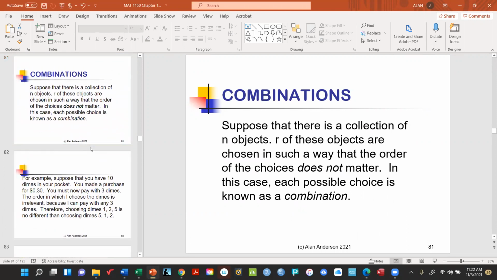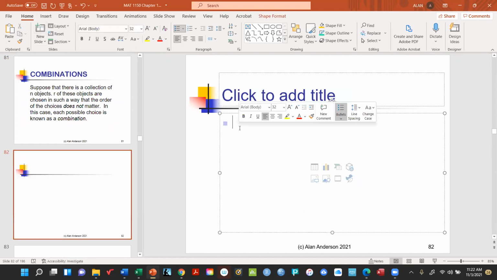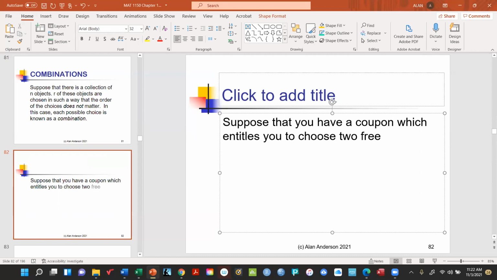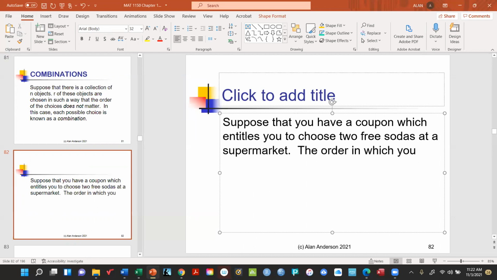For example, suppose that you have a coupon which entitles you to choose 2 free sodas at a supermarket, and let's just say that they have 10 available.